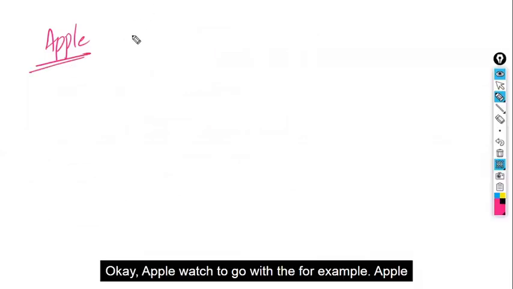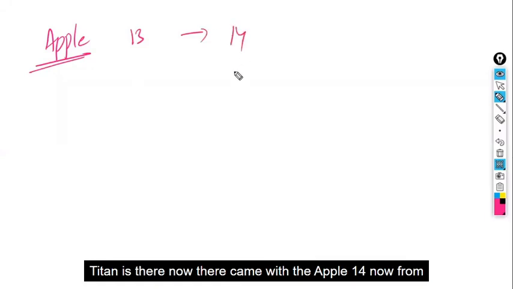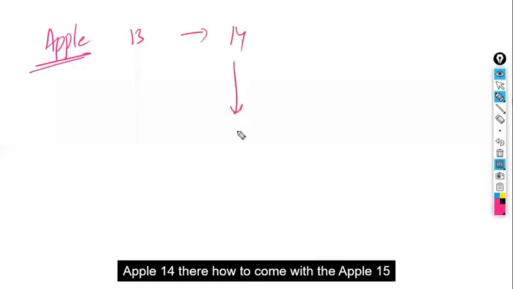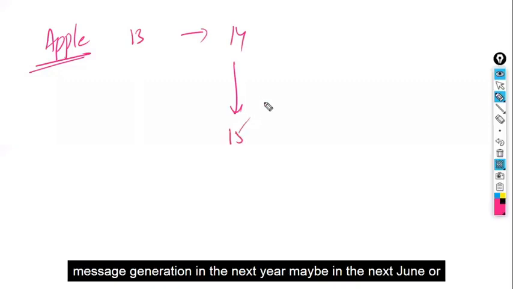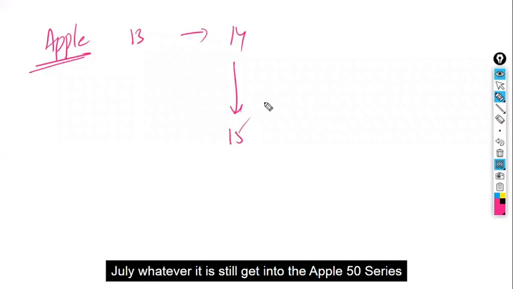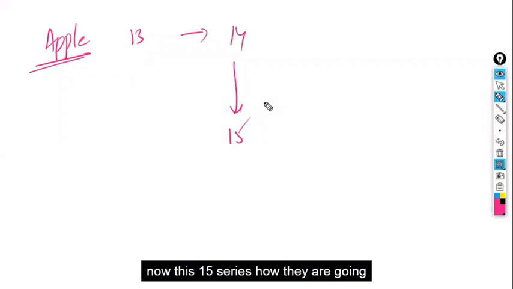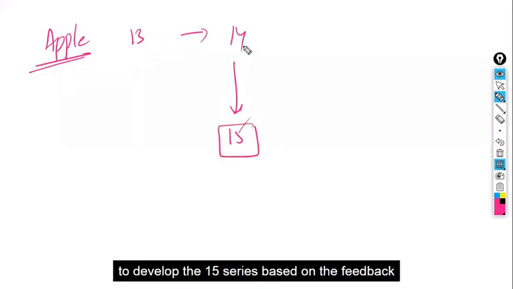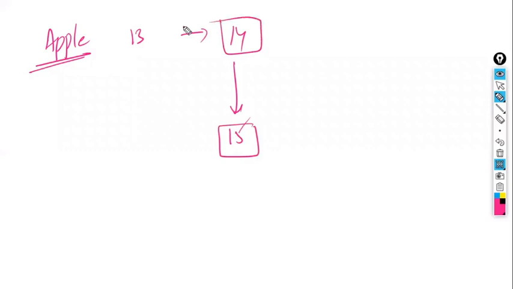Similarly, if you go with a real life example, Apple. For example, Apple 13 is there. Now they came with the Apple 14. From Apple 14, they will have to come with the Apple 15, the next generation, next year, maybe in June or July, whatever it is. Now how are they going to develop the 15 series? Based on the feedback of the 14.